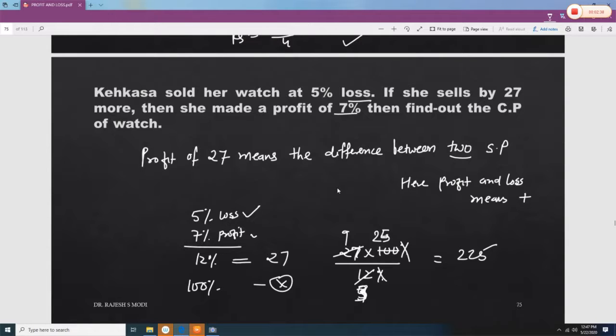So when loss and profit is given, you have to always add. So 5% plus 7% is 12%, and the real value will be coming to rupees 27. So if it is 100%, then how much? Then 100% into 27 divided by 12%, that comes to CP is going to be rupees 225 for Kehkasa.